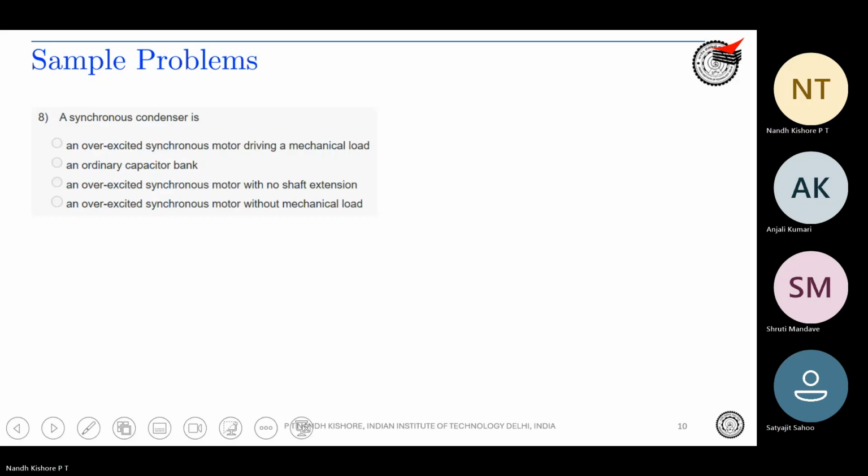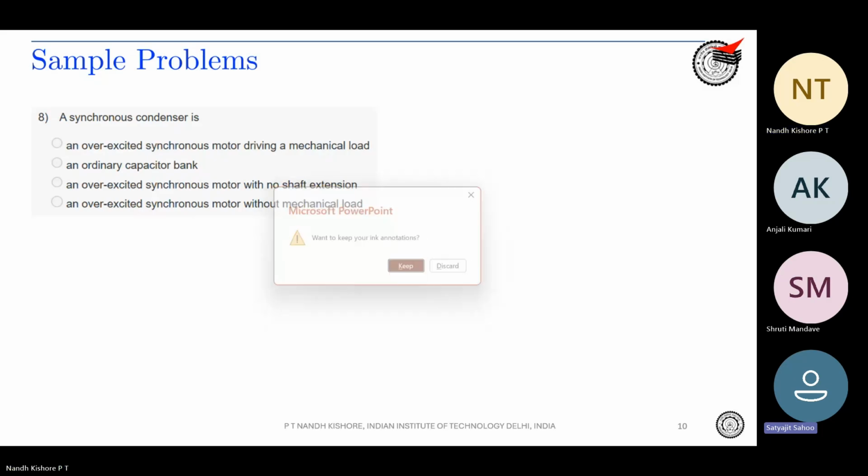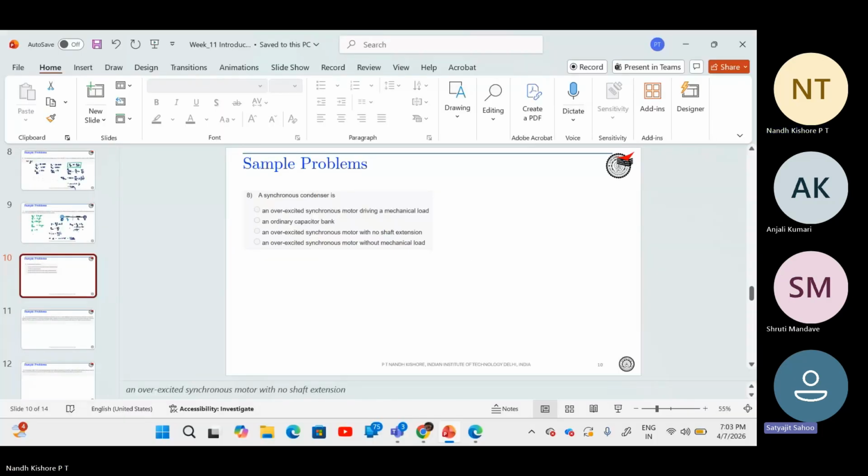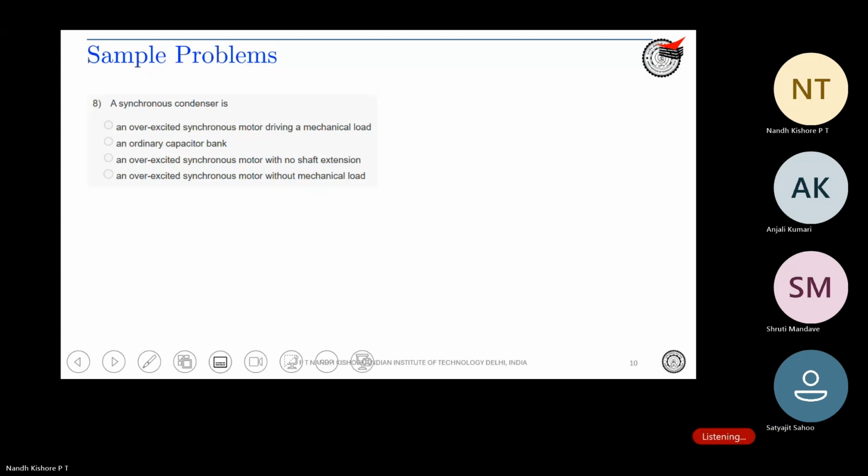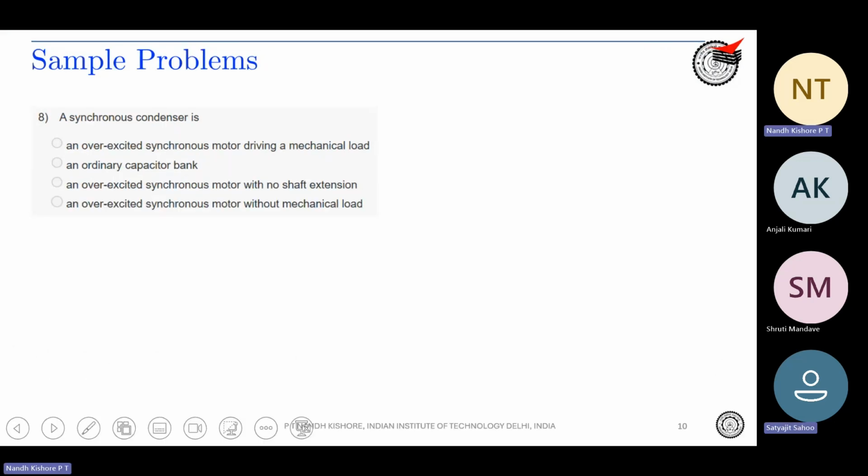Okay, so where is it used? Sir, it is basically used for supplying reactive power to the electrical grid. For power factor correction, reactive power. Correct, power factor correction. Yes.